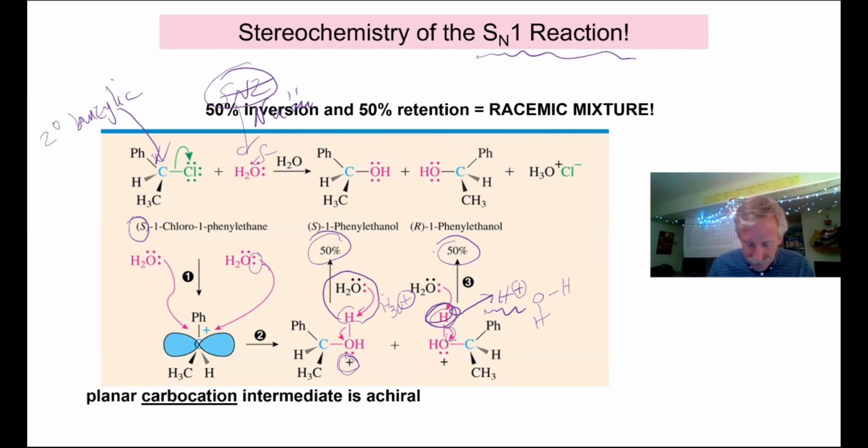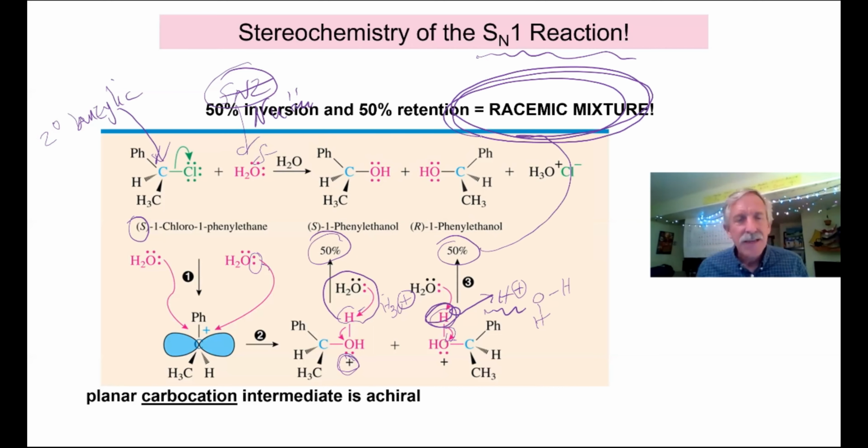But whenever we get a 50-50 mixture, this is called racemic. And this is awful, because you start with such a pure enantiomer and you end up with a mixture. Not only do you not make just one, you make two different compounds, two enantiomers.